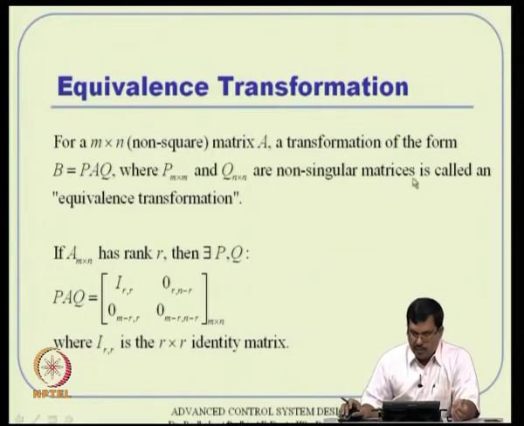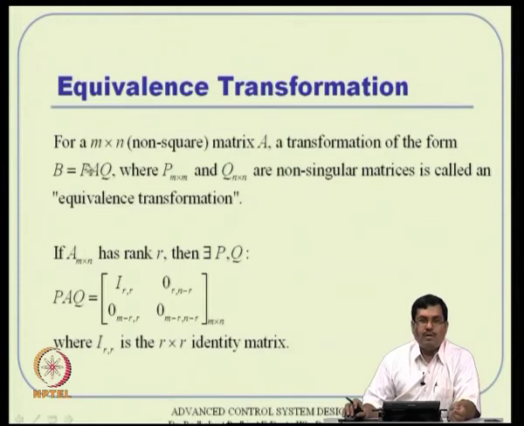Now we will ask a different question. We will not constrain ourselves to something like P inverse A P. Instead, we pre-multiply by P and post-multiply by Q, another matrix, where the condition is that P and Q are supposed to be non-singular matrices, and that is all.